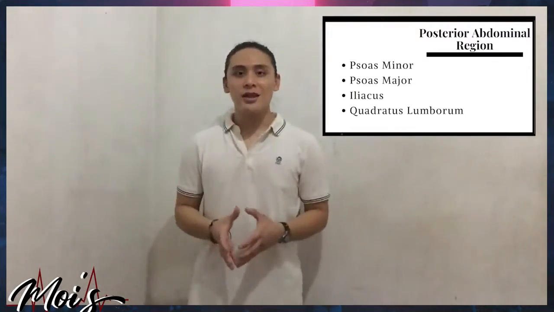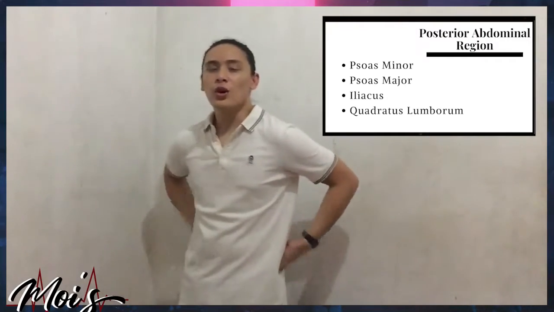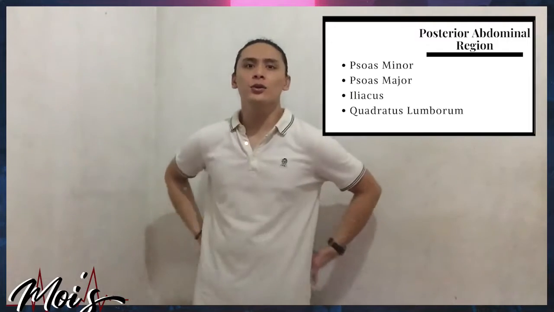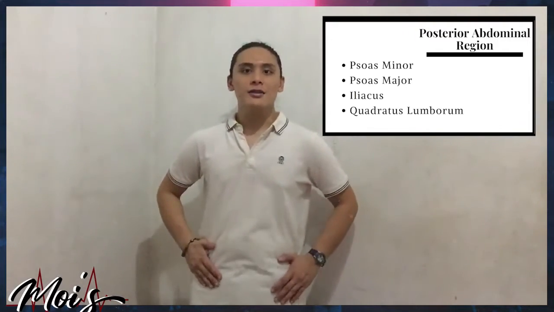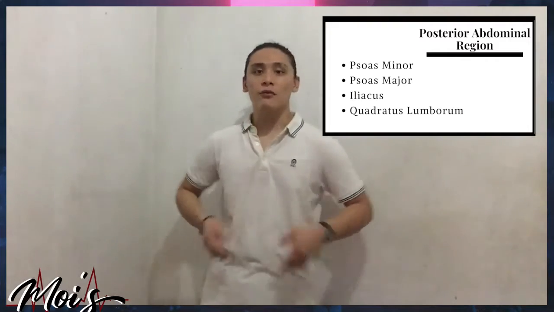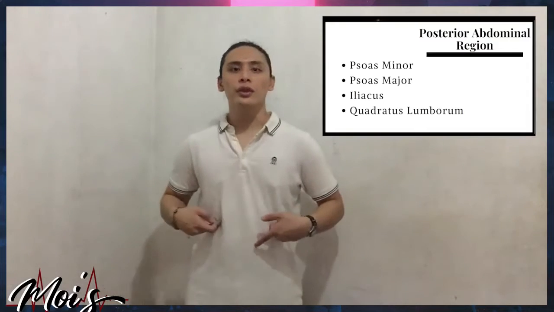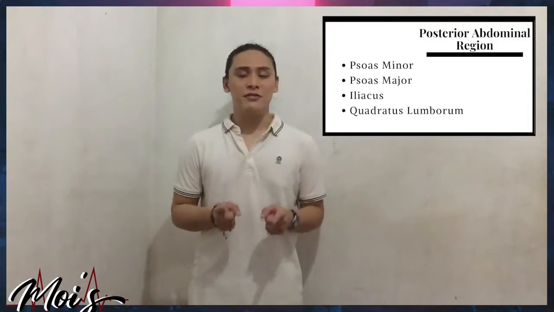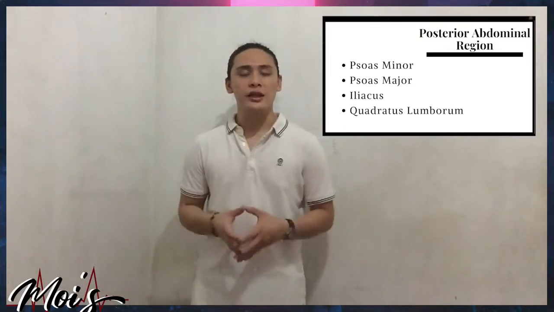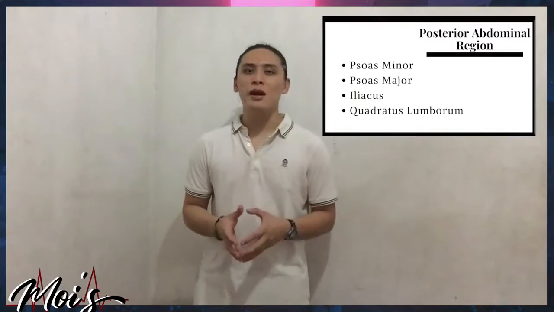The last muscle in our posterior wall is our quadratus lumborum, which originates from the iliolumbar ligament, iliac crest, and the transverse process of the lower lumbar vertebrae, and which is inserted to your 12th rib. It is innervated by the lumbar plexus, and it can fix your 12th rib during expiration, and it can also depress it during forced expiration.